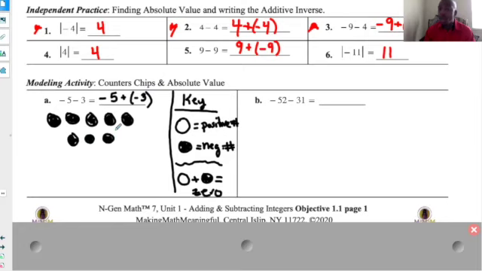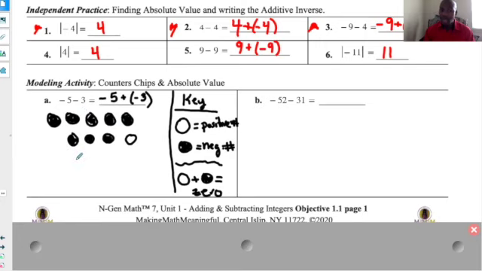Now I have -5 plus my -3, and I need to figure out what they are. Do any of these cancel out? Is there an open and a closed circle to cancel? No, all these are closed circles. If you had an open circle here, an open and a closed cancels out, and then you can count all the rest.